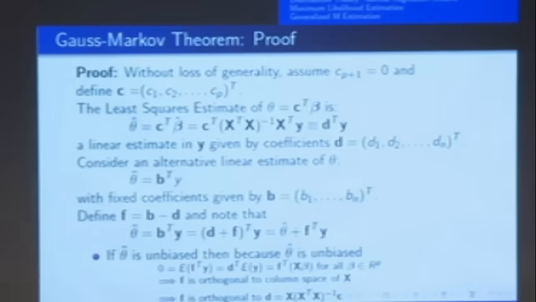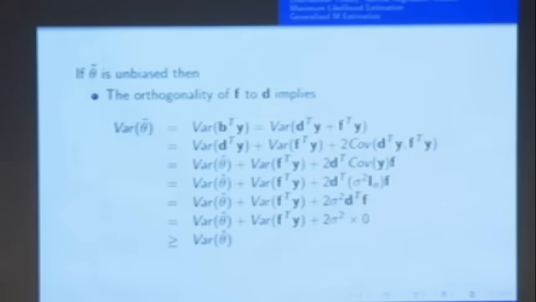So let's consider a competitor to the least squares value, and then look at the difference between that estimator and theta hat. And so that can be characterized as, uses this orthogonality of f and d to evaluate the variance of theta tilde.